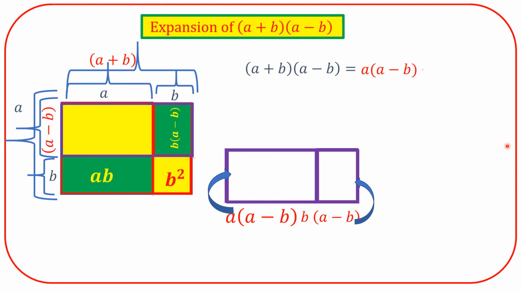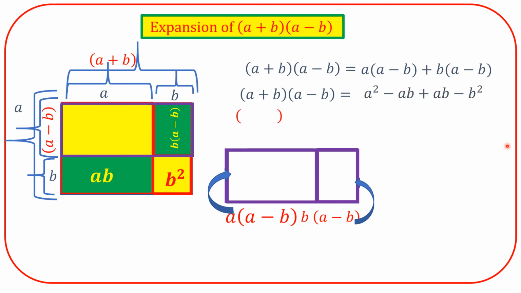Write down a(a - b) + b(a - b) = a square - ab + ab - b square = a square - b square.